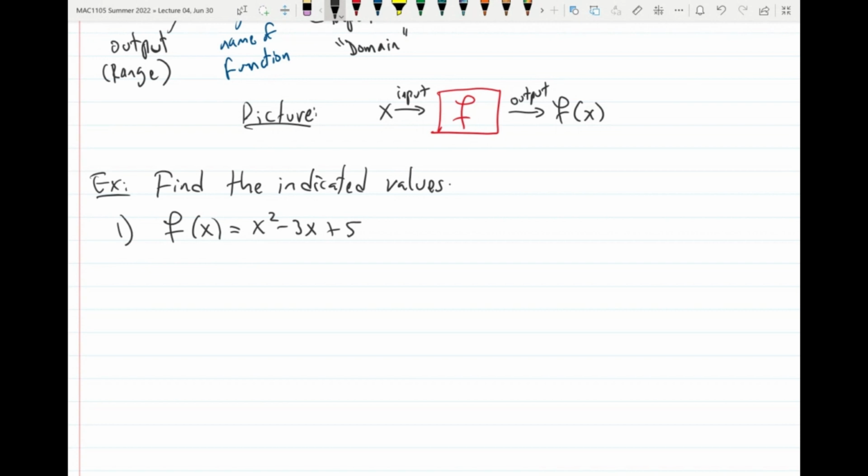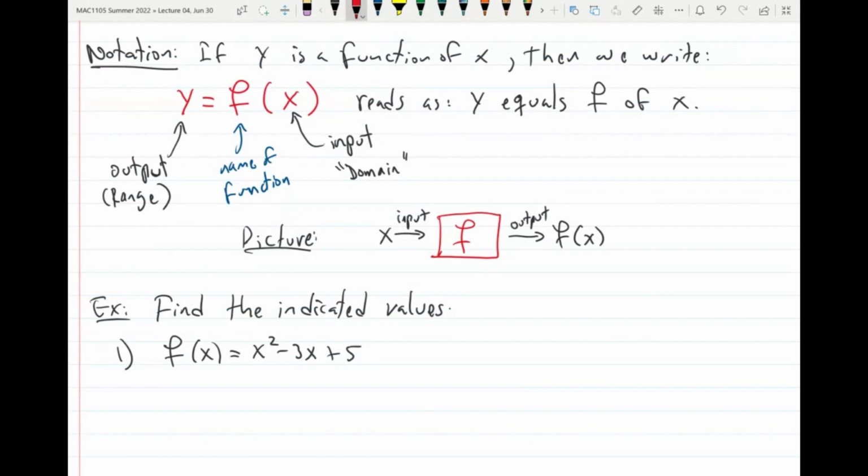So typically that's how it works. We're calling this function f, and then f of x is equal to some formula that only depends on the input variable, x. The input is called or referred to as the independent variable. You're free to pick whatever you want here, as long as it is okay according to the formula.